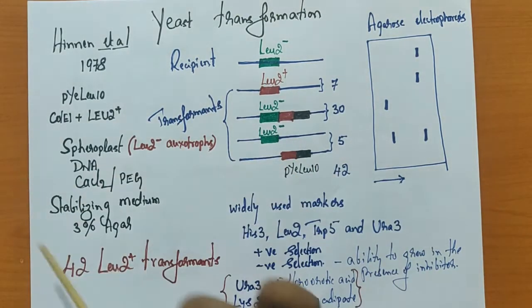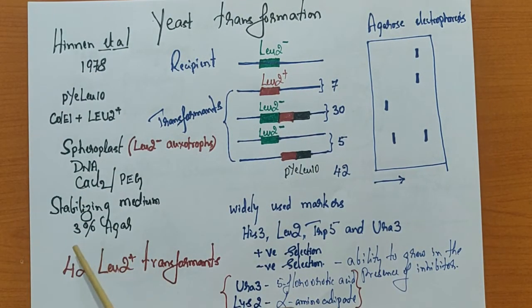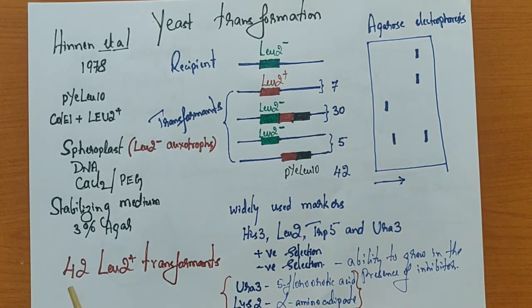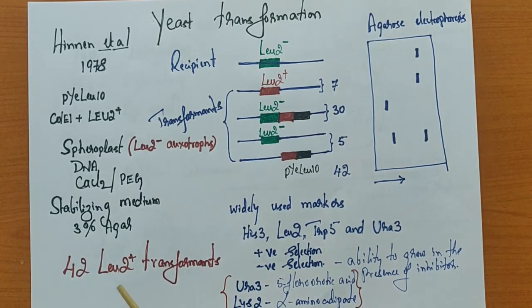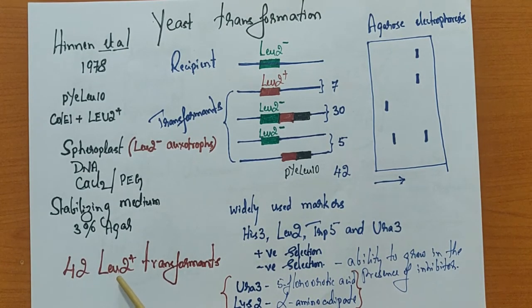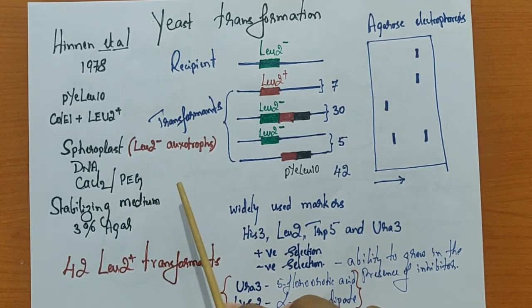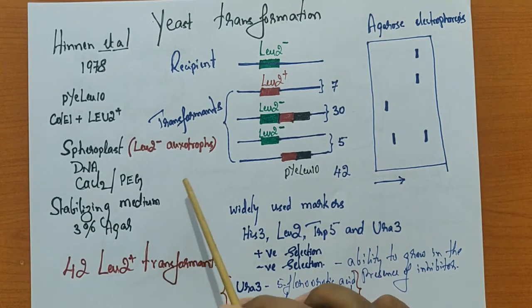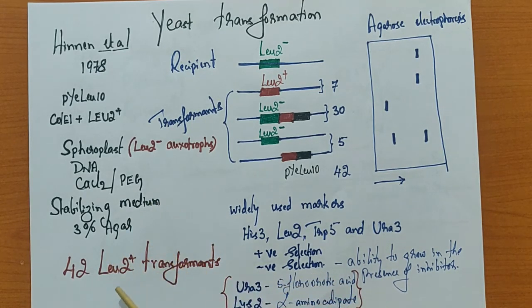After the stabilizing medium with 3% agar, these people found 42 transformants. They identified 42 auxotrophs, the transformants, meaning that these auxotrophs have acquired the functional leucine plus gene.